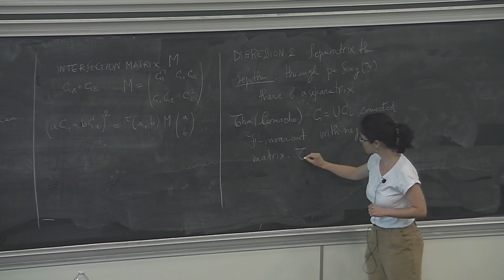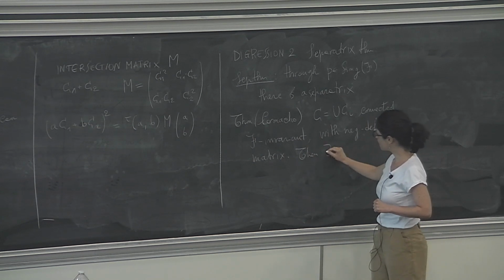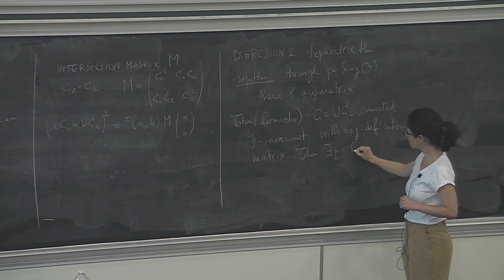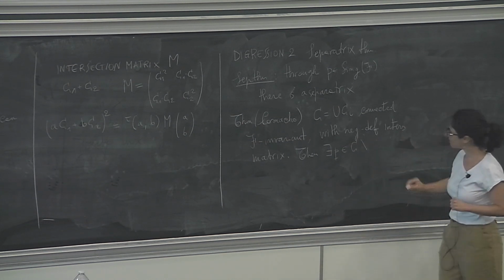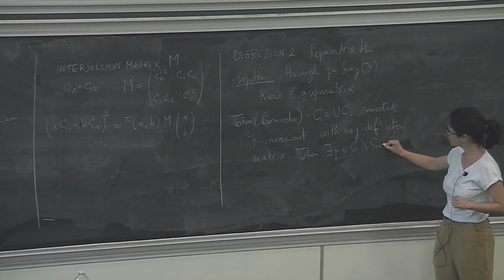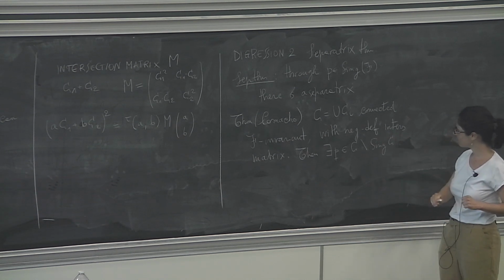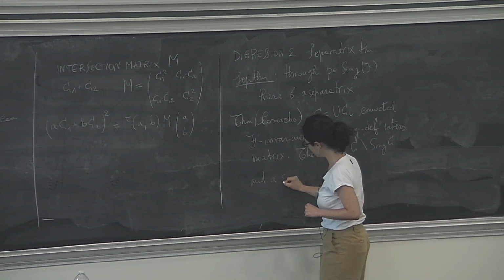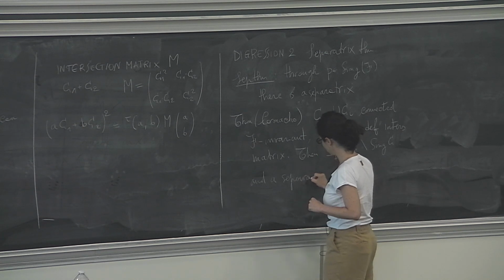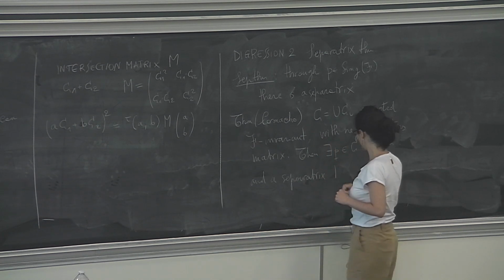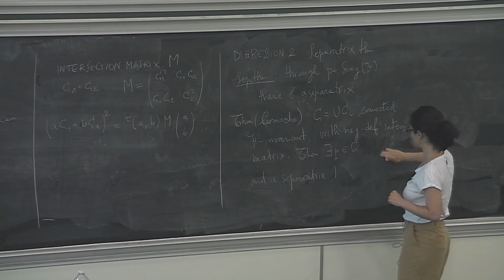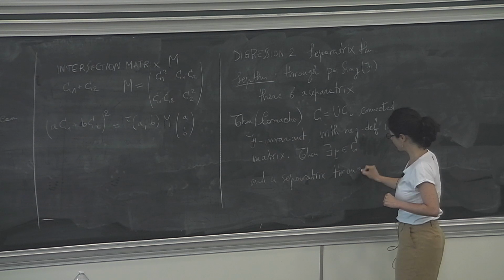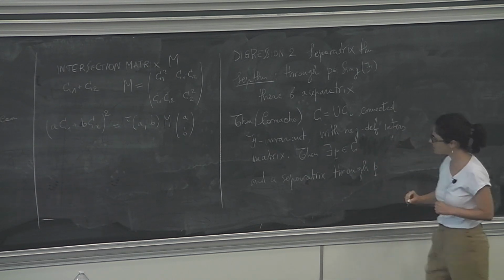And then there is a point P in the curve, which does not belong to the singular locus of the curve, and a separatrix through the point, not contained in C.